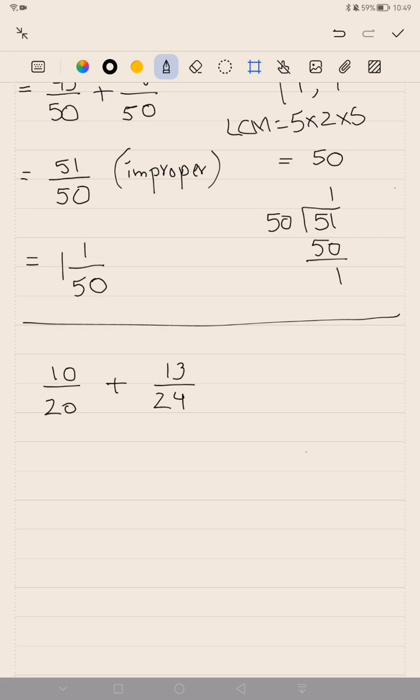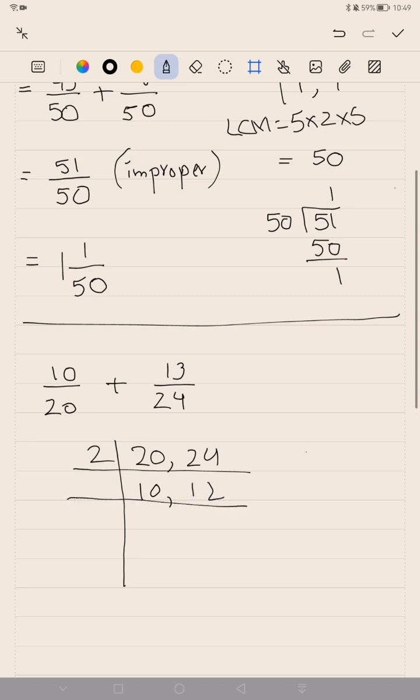To make them the same, I'm going to take their LCM. 20 and 24 both have a common factor 2. 2 10s are 20, 2 12s are 24. Again 10 and 12 have a common factor 2. 2 5s are 10, 2 6s are 12. Now 5 and 6 do not have a common factor.